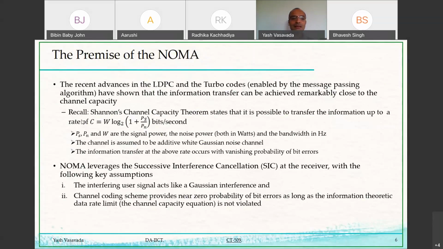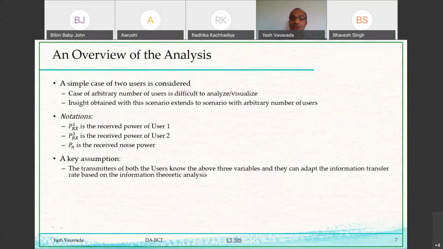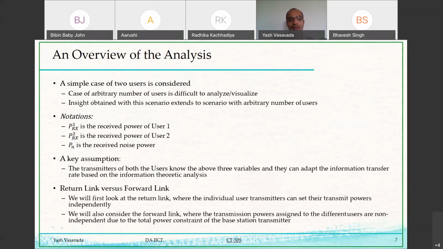And so based on that, the transmitter can calculate the channel coding rate C, and we are going to assume that then the transmitter is going to pick the appropriate channel coding scheme so that it transmits the signal exactly at that rate and not above a rate given by that channel capacity bound. So that is the assumption.